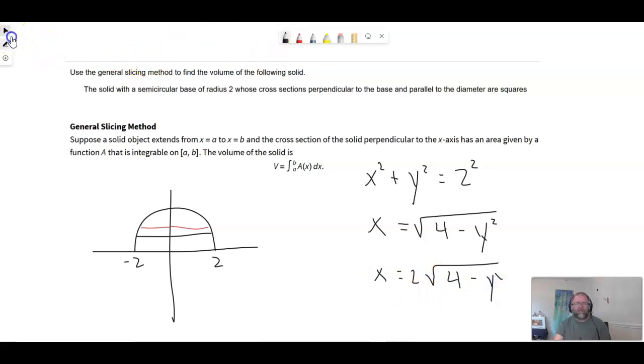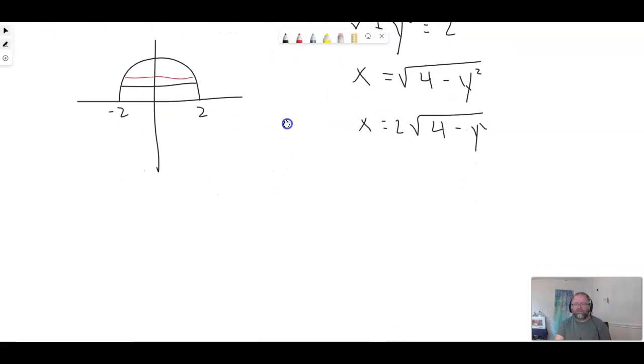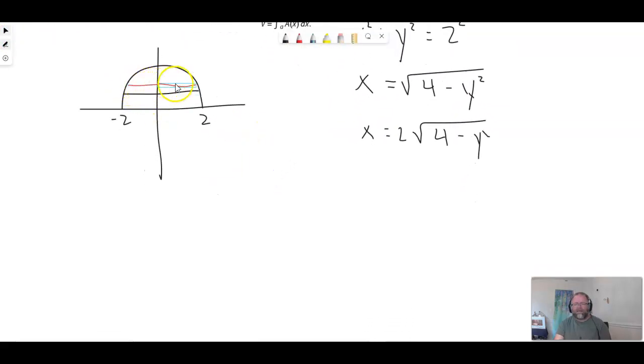And let me give myself a little bit of room here. And that's going to be the side length of this. Imagine the square coming up, and the area of a square is just its side length squared.